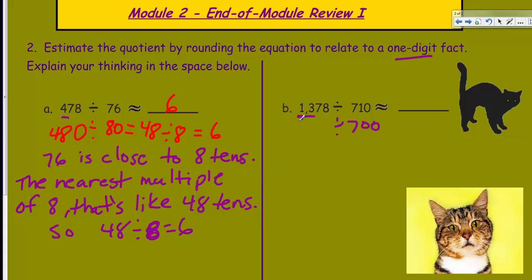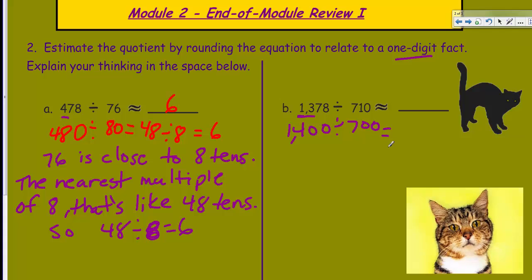And indeed, that's 1,300. But you can see that 14 would be a good choice because that will bring us down to that one-digit fact, and then we would have to put on our 2 zeros to keep the value of the entire number, 1,400. You can see how that rounds really nice, and 14 rounds nice too.